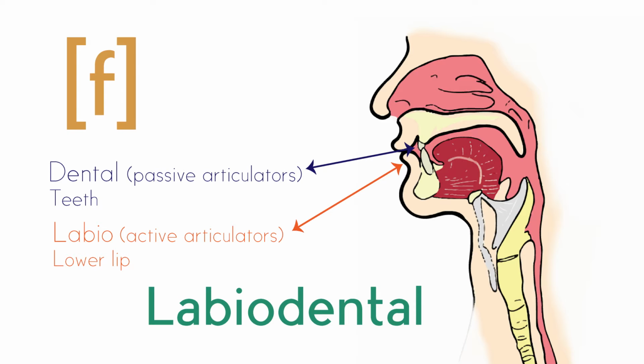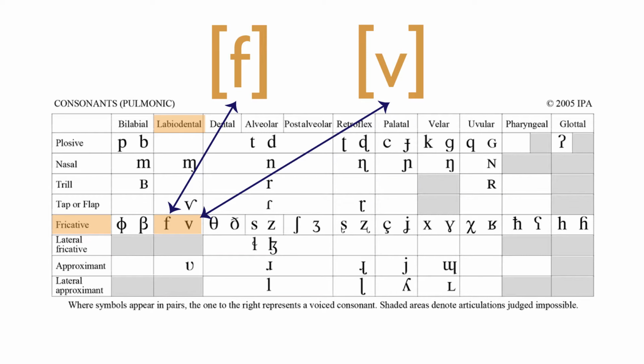So labiodental means lower lip, upper teeth, in a fricative manner. I'm going to talk about the manners later. But if you try to say the sound fa, you will obviously notice that the upper teeth and lower lip are involved, right? And the sound va, that's also labiodental.